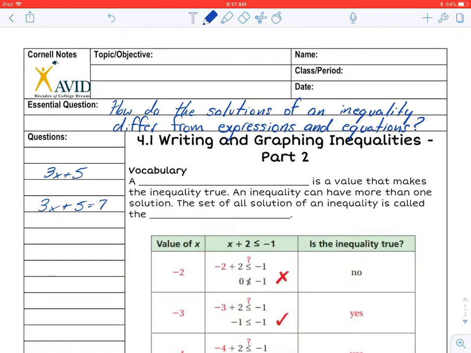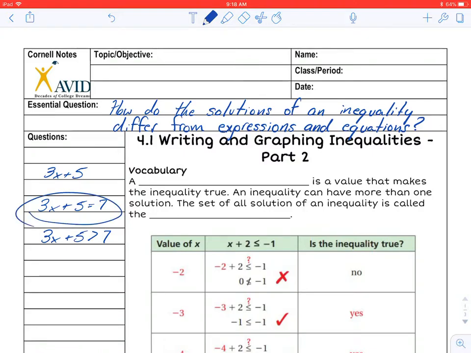However, for an inequality, what you're going to see today is that there are going to be several numbers that are a possible solution for x. Because in this example, 3x plus 5 is greater than 7, x could be equal to 1, it could be equal to 2, it could be equal to 3, and all of those values will be true.